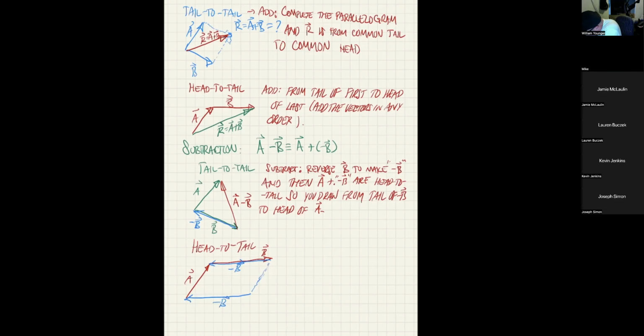And if it helps, I can also slide A over here like this. But now you can see I've got negative B and A in the head to tail orientation. So this is A minus B. So subtracting, I reverse B to make negative B, and then complete the parallelogram.